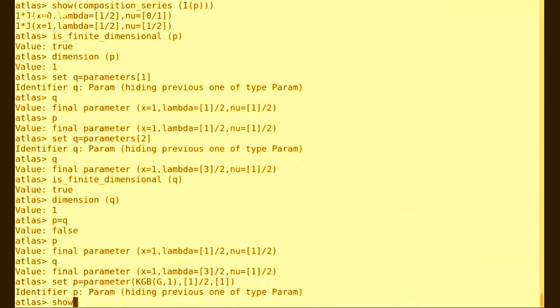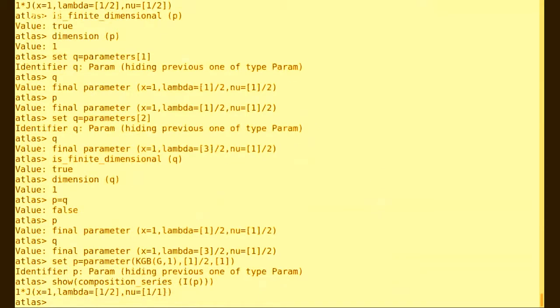Let's show the composition series of this standard module. It's irreducible. So even though nu is equal to 1, and it is an integer, this is not a reducibility point. Okay. All right, so I think that's enough of SL2.